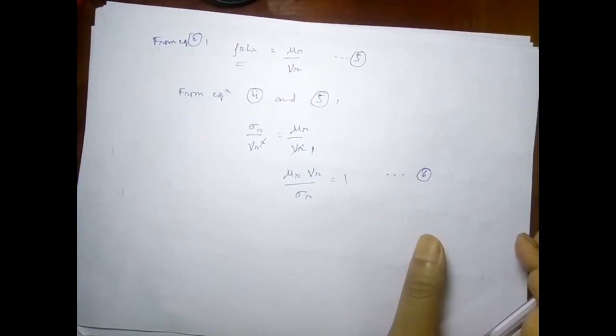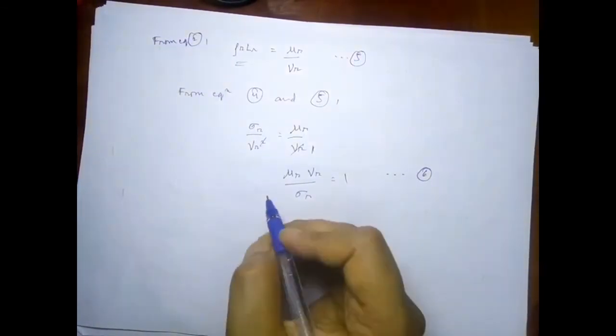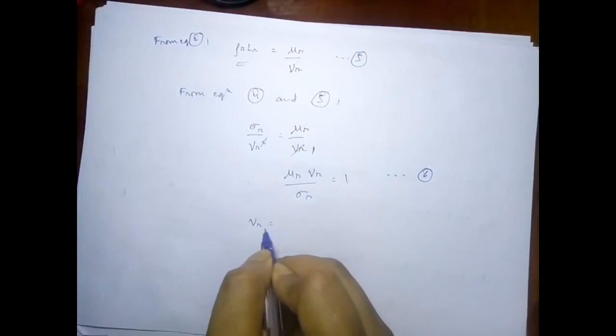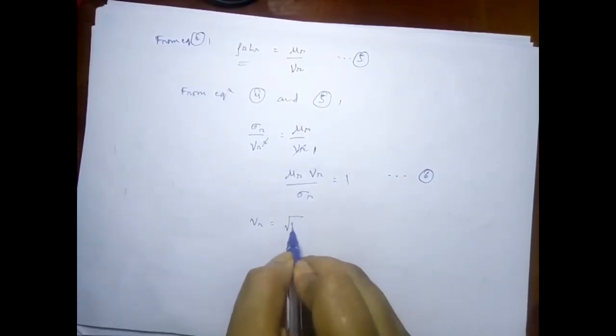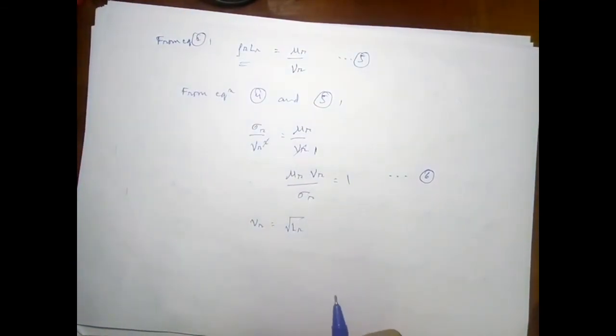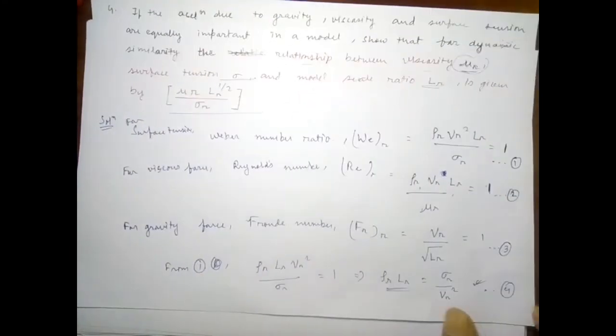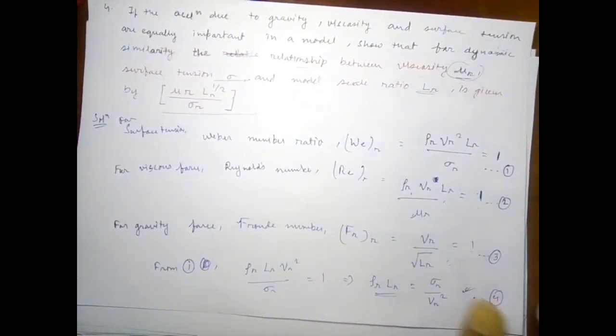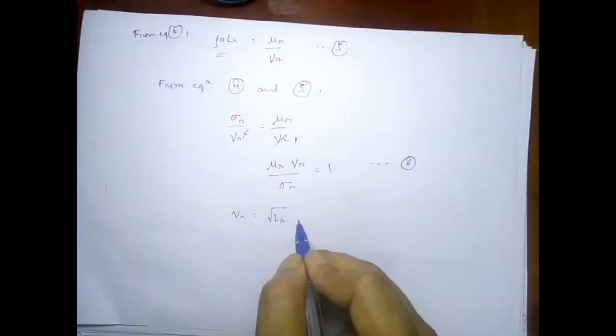By Froude law relation we know that Vr is equal to square root of Lr. I have written it as equation 7.